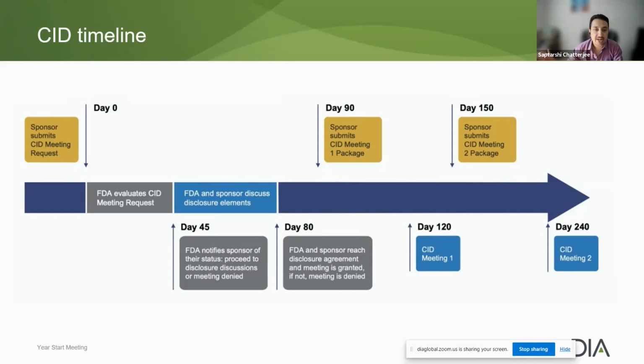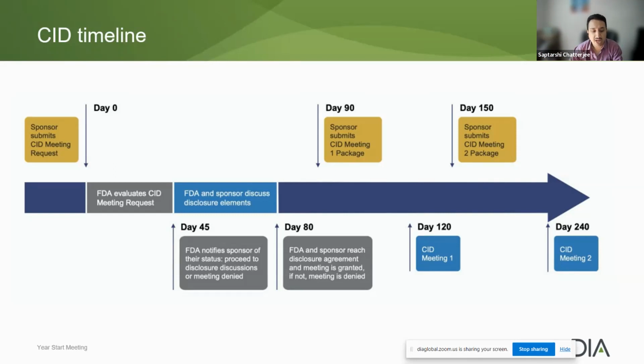Ten days after that, the sponsor submits the CID meeting 1 package. Thirty days from that, the first meeting happens. One month later, based on the feedback received on meeting 1, the sponsor submits another package, and that's for meeting 2. Then after 3 months from that, there is the second meeting between the FDA and the sponsor.